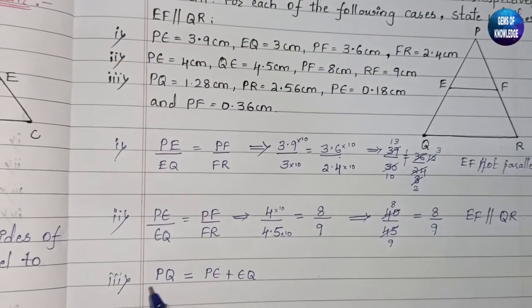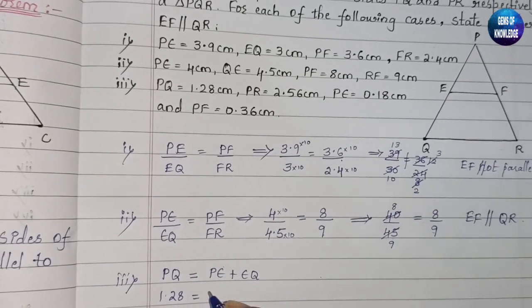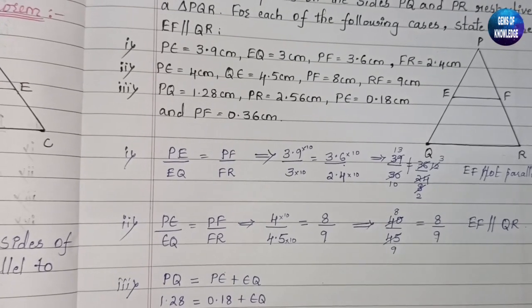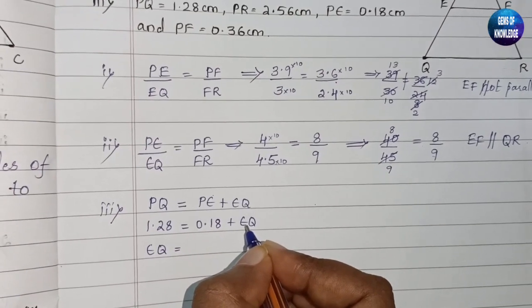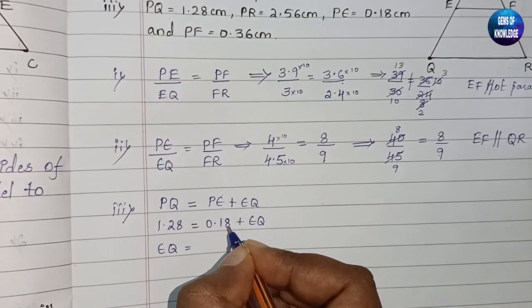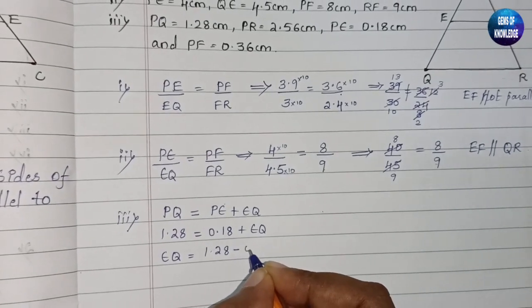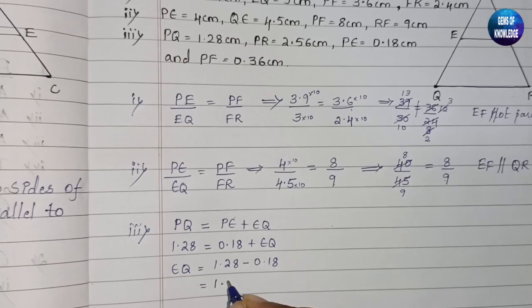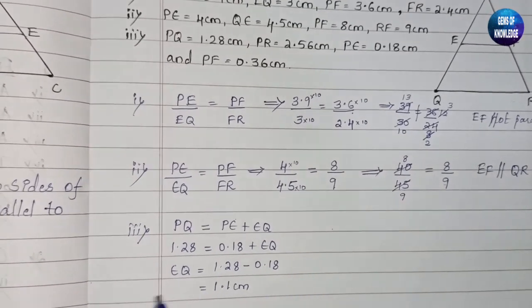So PQ, which is 1.28, is equal to PE, 0.18, plus EQ. If we need EQ, we keep EQ as it is and move this to this side. So it becomes 1.28 minus 0.18, and we are left with 1.1 centimeter.